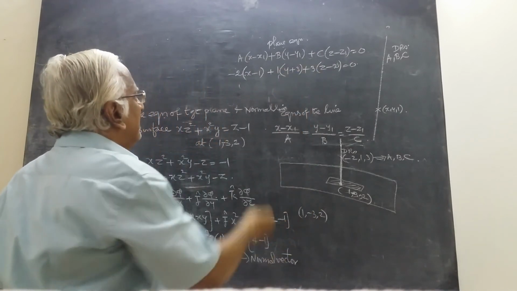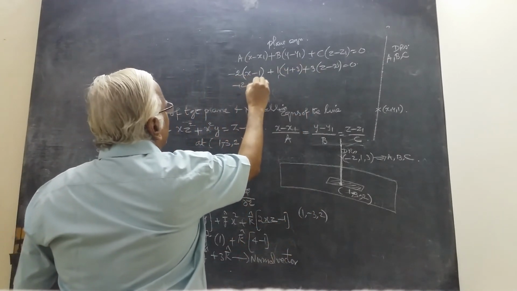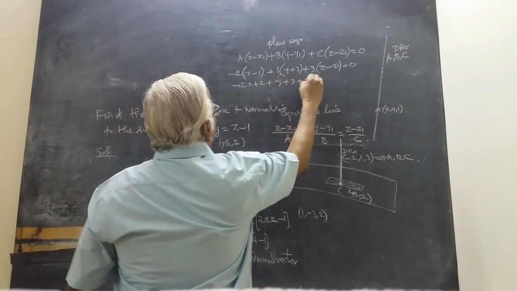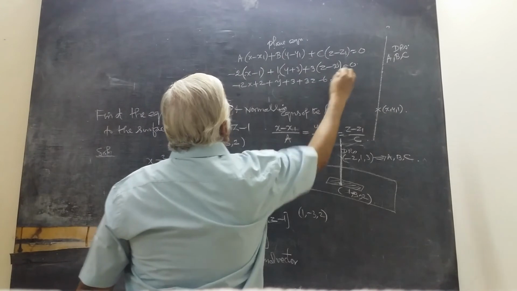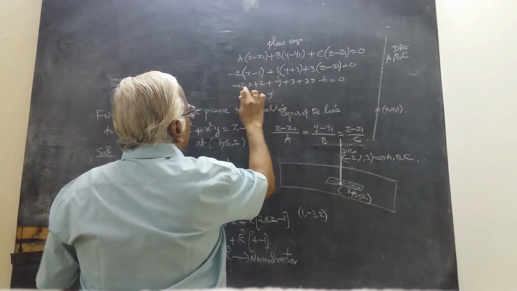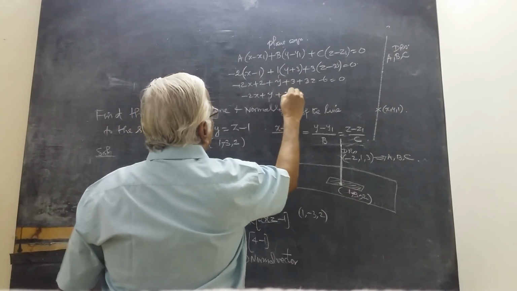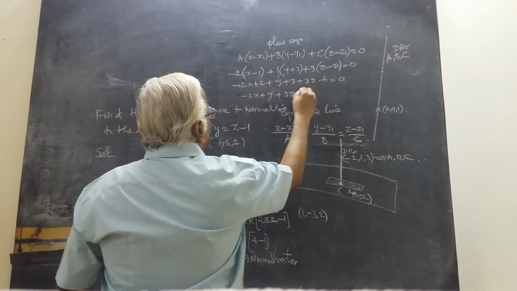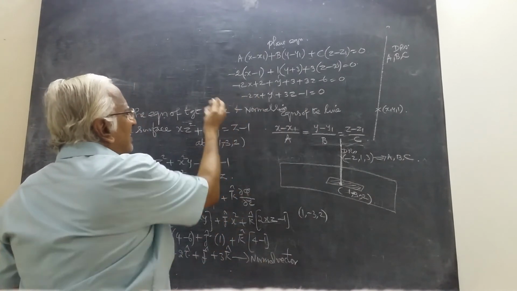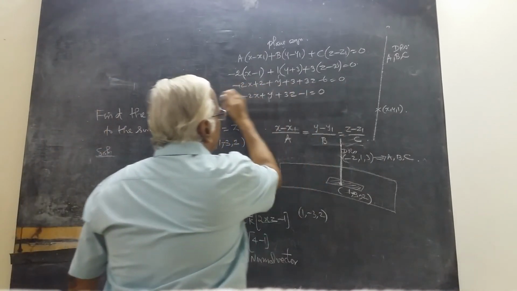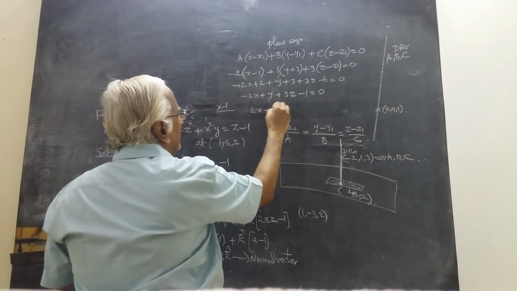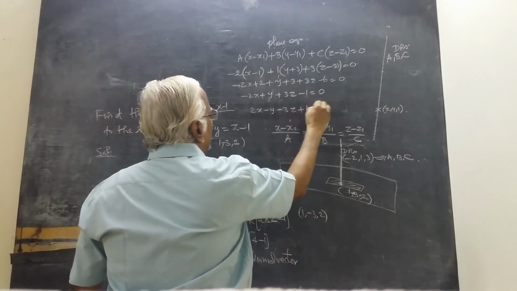Substitute the point and expand: minus 2x plus 2 plus y plus 3 plus 3z minus 6. So minus 2x plus y plus 3z, 5 minus 6, minus 1. I want the first term positive, so multiplying by minus 1 gives 2x minus y minus 3z plus 1.